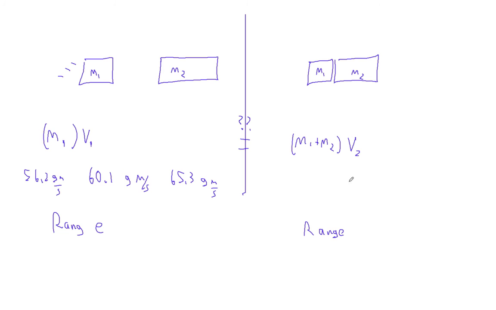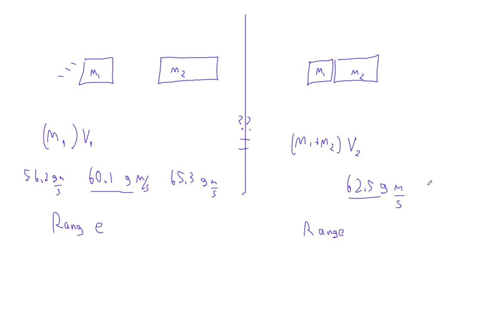If afterwards our best guess is 62.5 gram meters per second, I'm just making up numbers here, we can't just say that's not the same as this. What's the range of this? Already you can see that this falls between this and this. So yes, they do overlap.